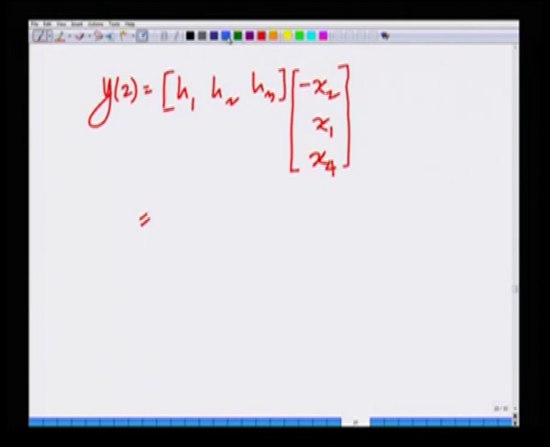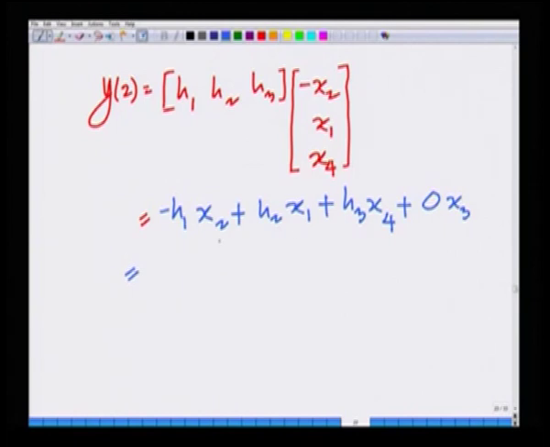Hence, this is nothing but minus h1 x2 plus h2 x1 plus h3 x4 plus 0 into x3.